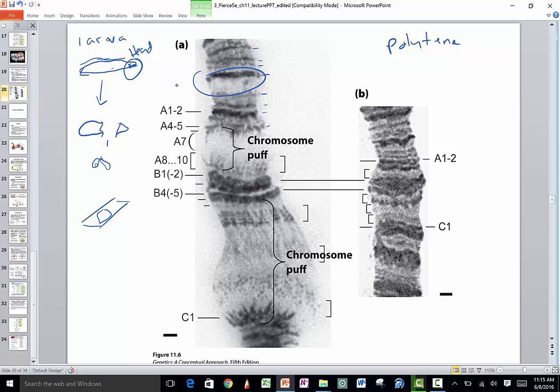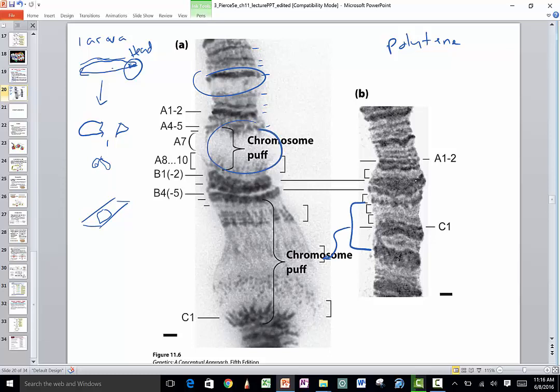But another thing you can look at is something called chromosome puffing. And so here's this region. This is kind of a farther away view. But the idea, so this is between B4 and C1. It's hard to say exactly. But the idea is that we're looking at basically this region, and then when we look at this, it's much more expanded.